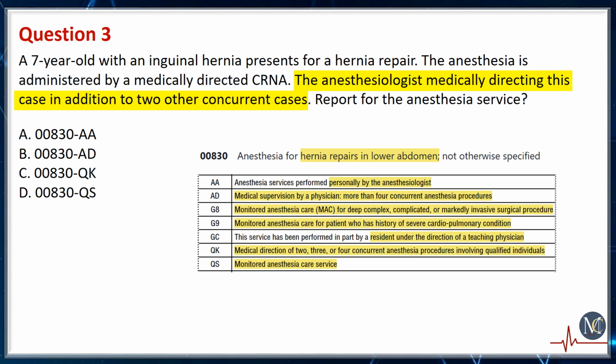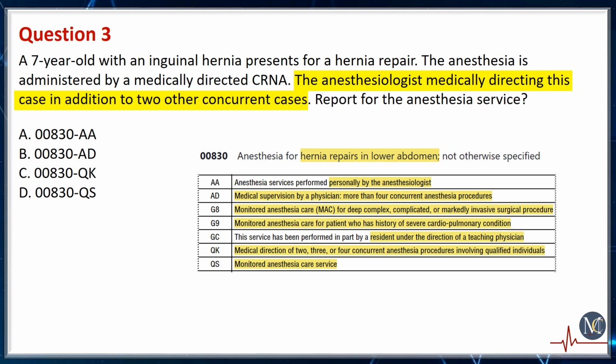Next modifier is AD, which represents medical supervision by a physician of more than four concurrent anesthesia procedures. Next modifier is QK, which is for the medical direction of two, three, or four concurrent anesthesia procedures involving qualified individuals. Next modifier is QS, which is for monitored anesthesia care service.